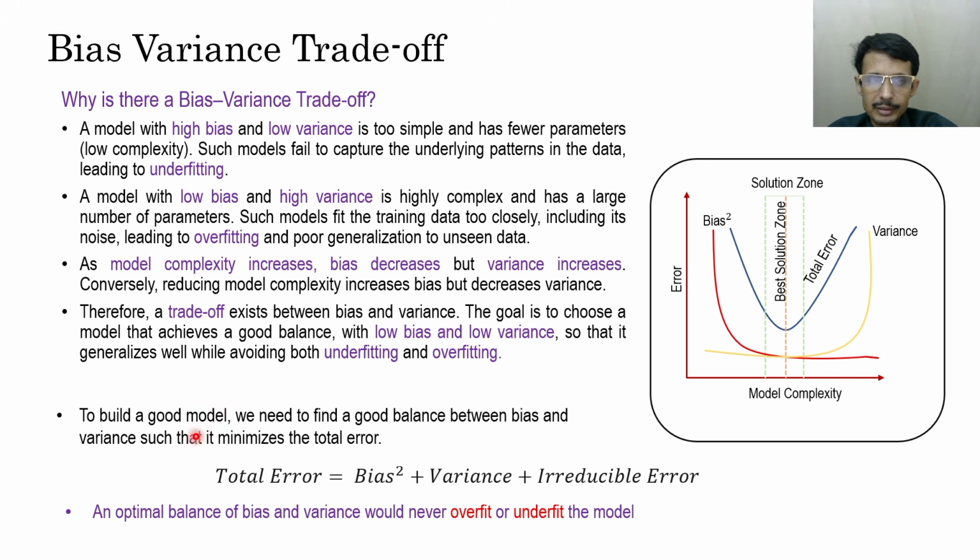So for a good model, find a good balance between bias and variance and minimize the total error. This is the total error curve, and this is bias square plus variance, the reducible error. An optimal balance of bias and variance would never overfit. This is basically called the bias-variance trade-off.